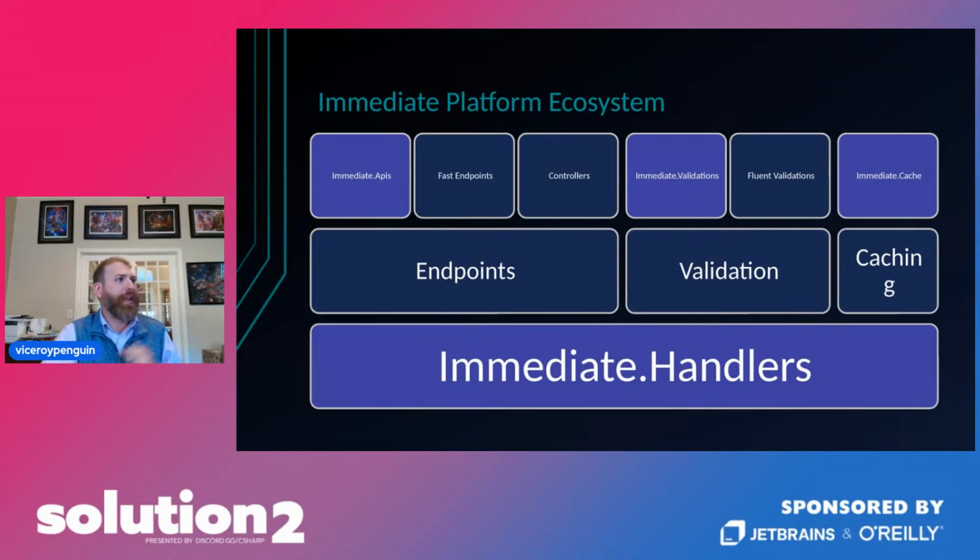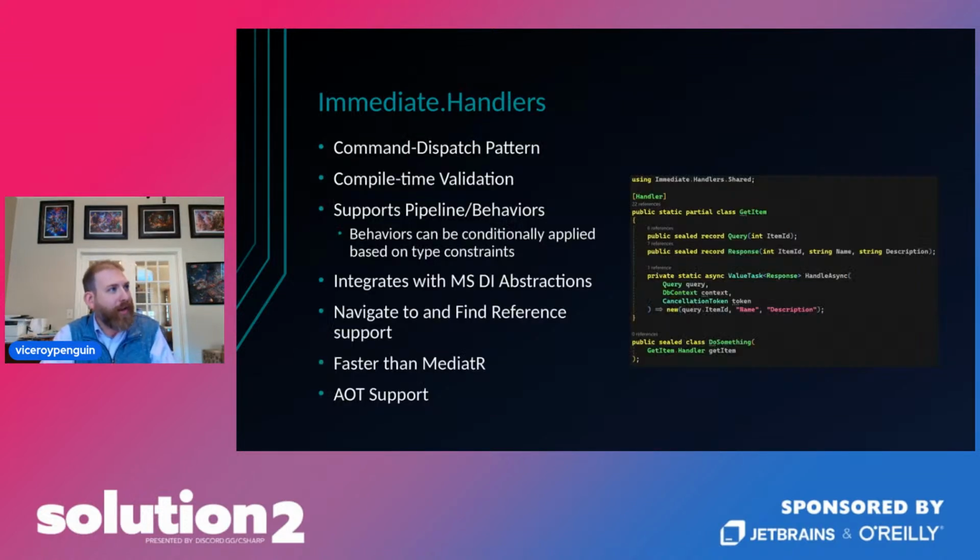So let's dig into each of these, because I talked about how they connect, but let's talk about what they are. Immediate.Handlers is an implementation of the command dispatch pattern. The most common example that everybody would be familiar with is the Mediator library, and in a lot of ways there's a lot of overlap between Mediator and Immediate.Handlers.